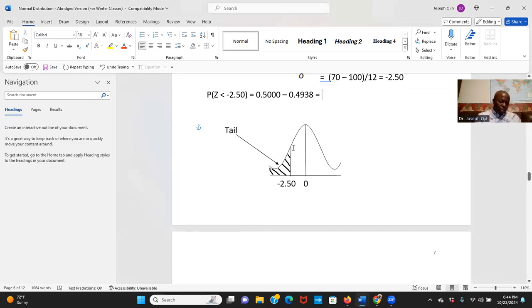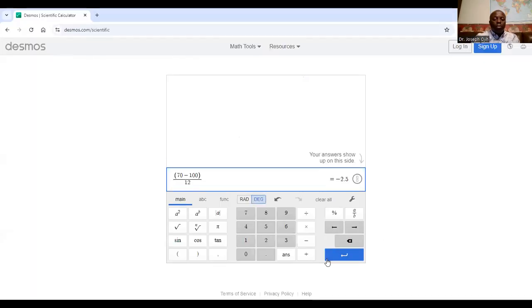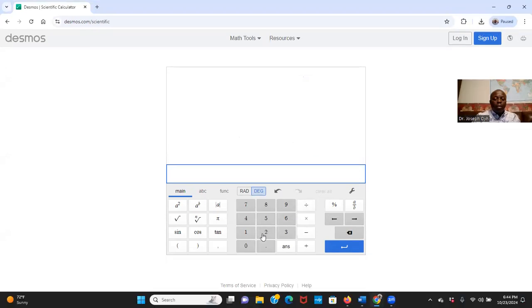So I'm going to write 0.5 minus 0.4938. That one we can get from the calculator. 0.5 minus 0.4938 gives us 0.0062.